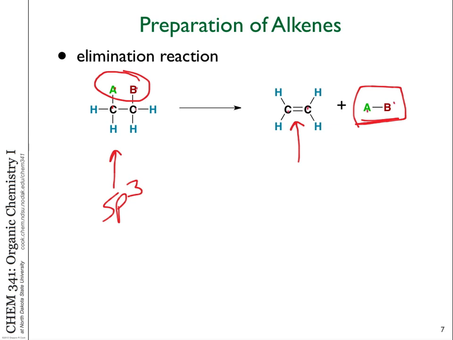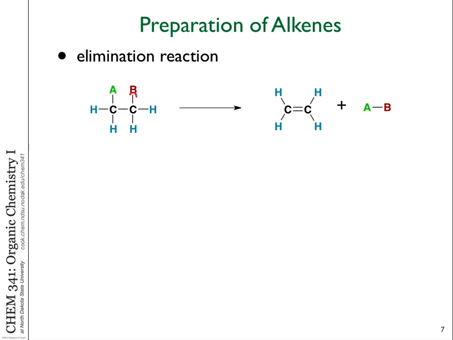That means there's 2 electrons in this bond and 2 electrons in that covalent bond, and what we formed is a bond between carbons with 2 electrons there, a new bond, and then 2 electrons there. So obviously, when we break off those atoms, one of them has to come off with a pair of electrons, and one has to leave a pair of electrons behind, because one pair of electrons has to end up between the carbons.